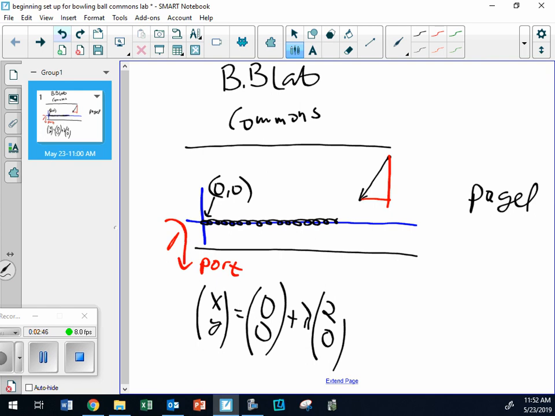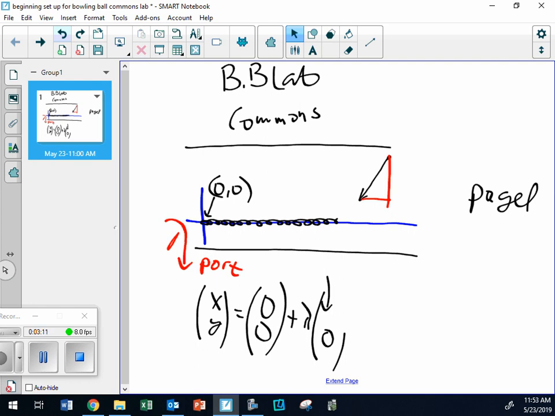So if we knew the speed was going to be 2, we wouldn't put a 2 there. We'd put a 4 there, wouldn't we? All right, so then we just need to know what the speed is, and whatever the speed is, we're not going to put that number right there. Or are we?